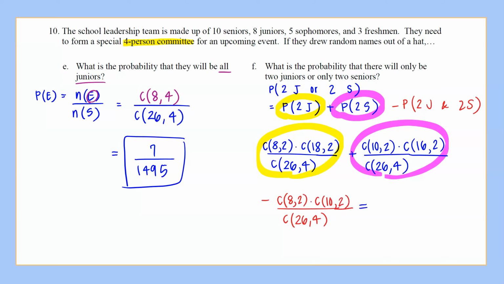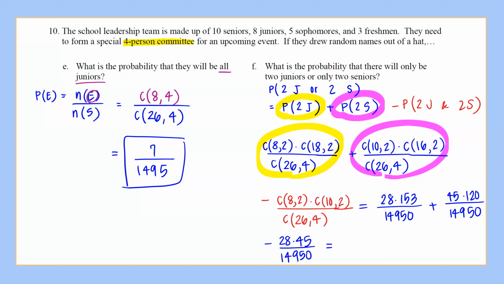For my first probability, it would have been 28 times 153 divided by the total 14,950 plus the probability of the 2 seniors was 45 times 120 divided by 14,950 minus 28 times 45 divided by 14,950.